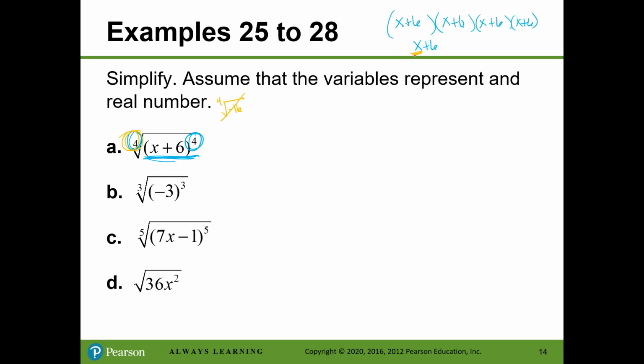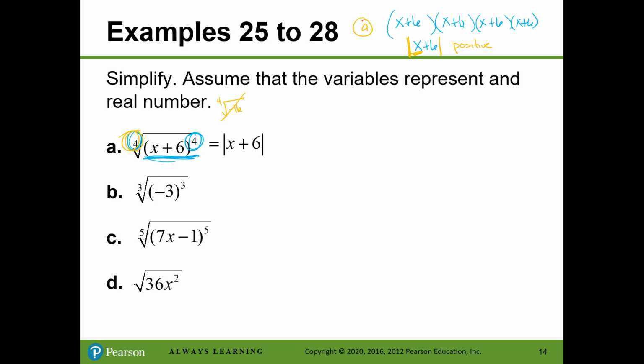I need to make sure that whatever number I plug in for that variable, it keeps x plus 6 positive. So to make certain it stays positive, I need to put the absolute values around here to make certain that regardless of what number x is, that whole thing stays positive, which is why the answer is written with the absolute values. Cool? Okay, so there was your letter A.